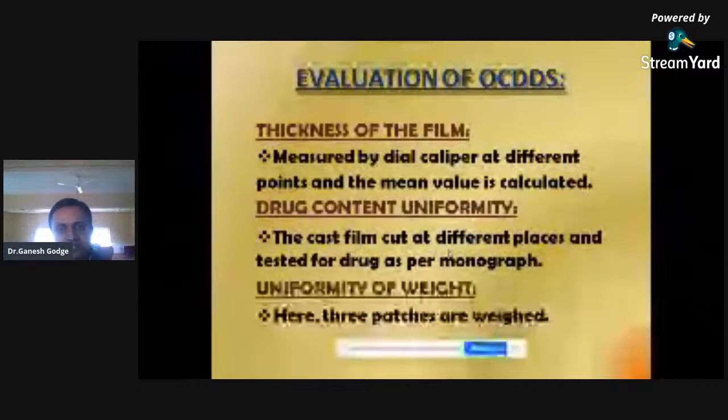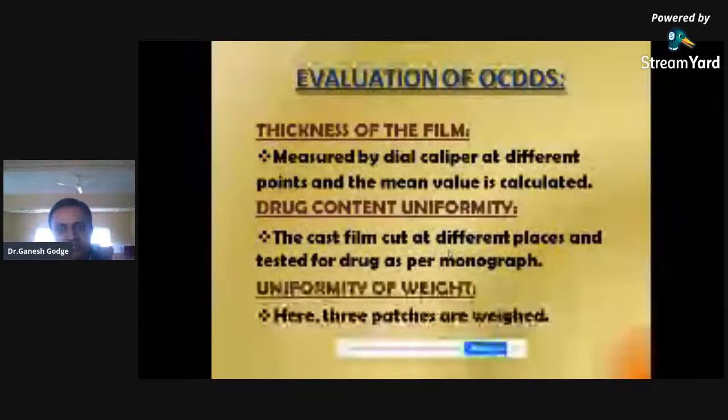Up till now, whatever points we have discussed: conventional ocular preparations like solution, emulsion, suspension type eye drops, ointments, gels, ocular inserts, and Lacrisert inserts. Then new ocular preparations like vesicular drug systems, in which we discussed liposomes, niosomes, discosomes.